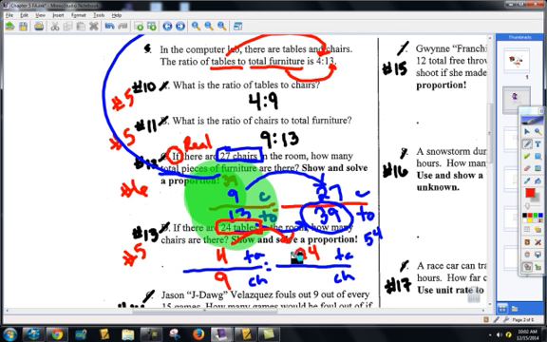What am I doing to my number of tables here? Eddie, head up. Times 6. So what do I got to do to my number of chairs? Times 6. So I'm going to get 54 chairs. I hope you're all writing this down if you're missing them. If you're missing them, you had better be writing them down. Okay?